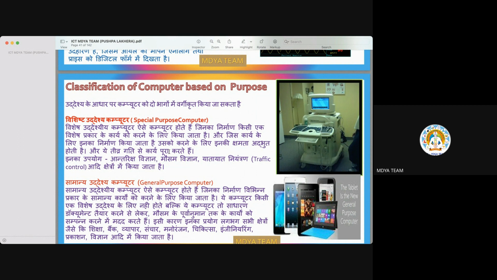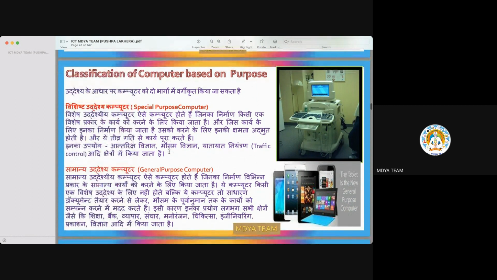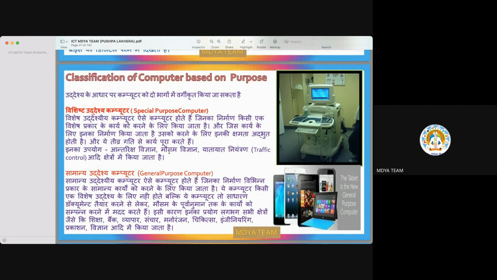This is for some medical purpose, to monitor the various data within the body. So accordingly they are made. So they are special purpose computers, and general purpose computers are those which we use, with normal features, and they are used in each and every field for personal use.